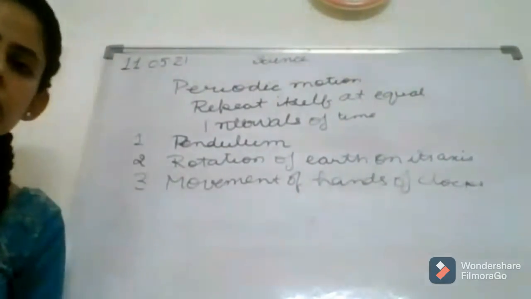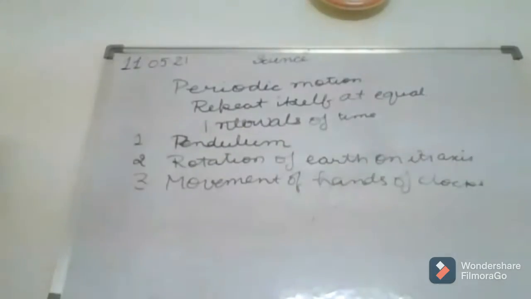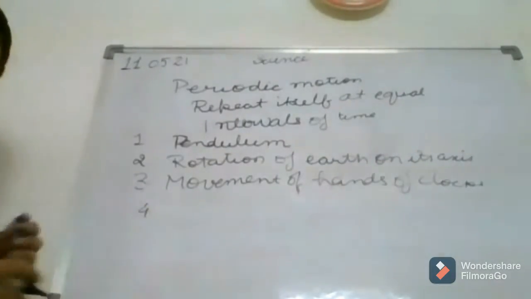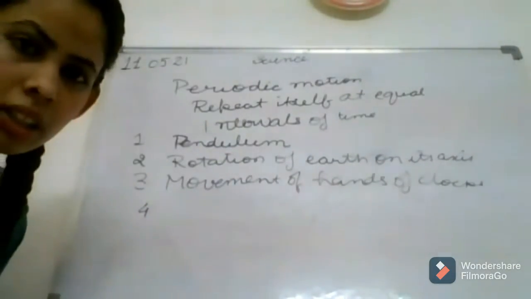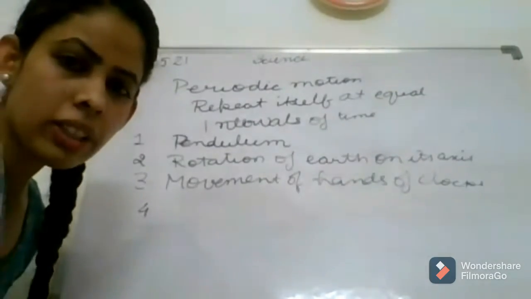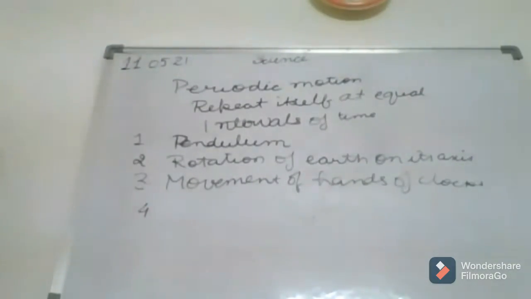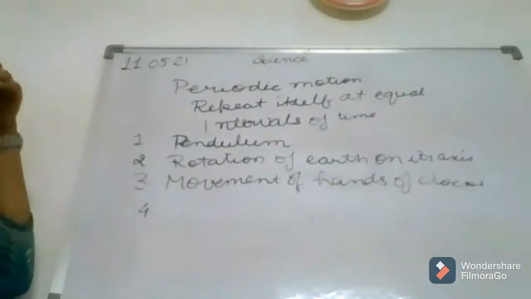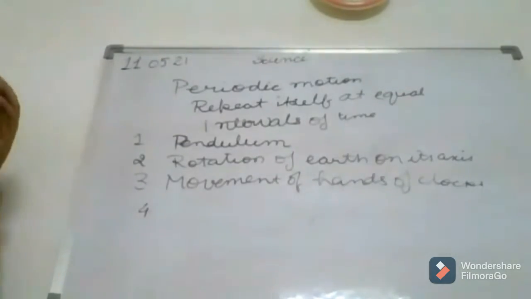Tanishka. Okay, student, you can unmute yourself. Sunrise and sunset. Yes, it is an example.